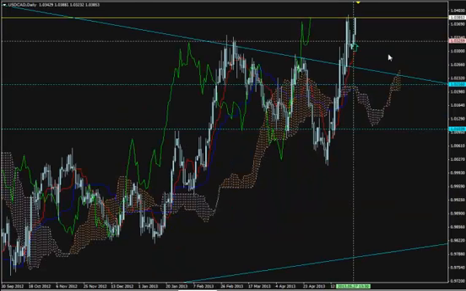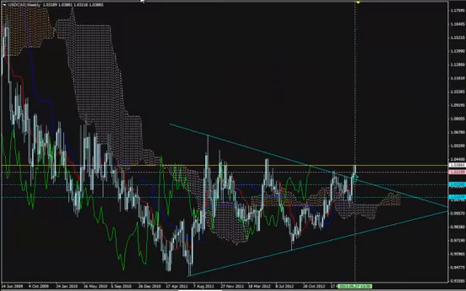Daily chart, no need to repeat, everything bullish. Look at how sharp pointing upwards the leading Kumo edge is. And even on the weekly chart, we see the leading Kumo edge started going up and being sharp. Okay?